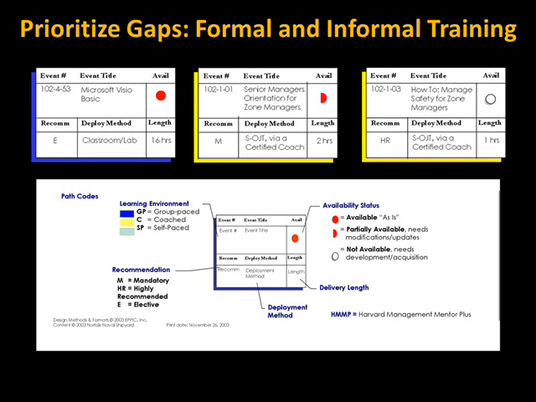This third one is highly recommended, not mandatory, and not just an elective that you might blow off, but this is something that you should highly consider when you're doing your planning. This also would be structured on the job training via a certified coach, and it would be approximately 1 hour in length. But we don't have anything for that one at this particular point.